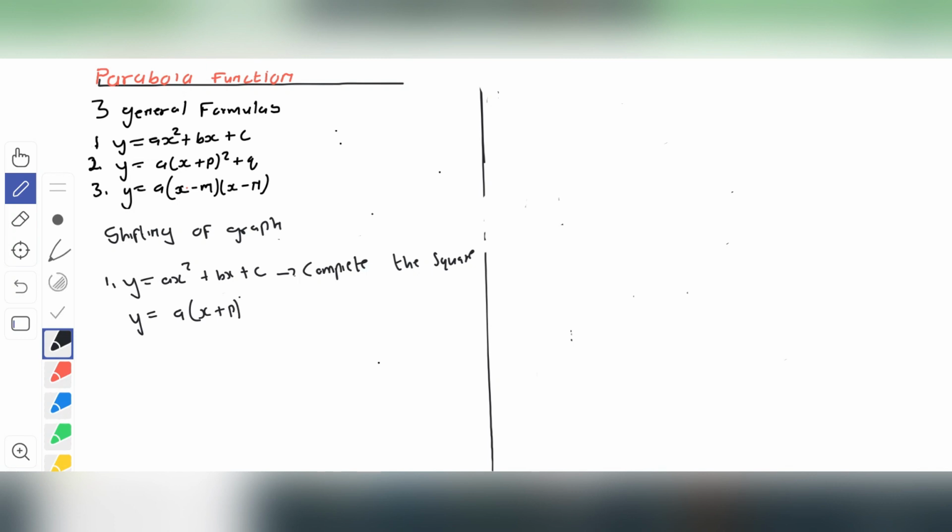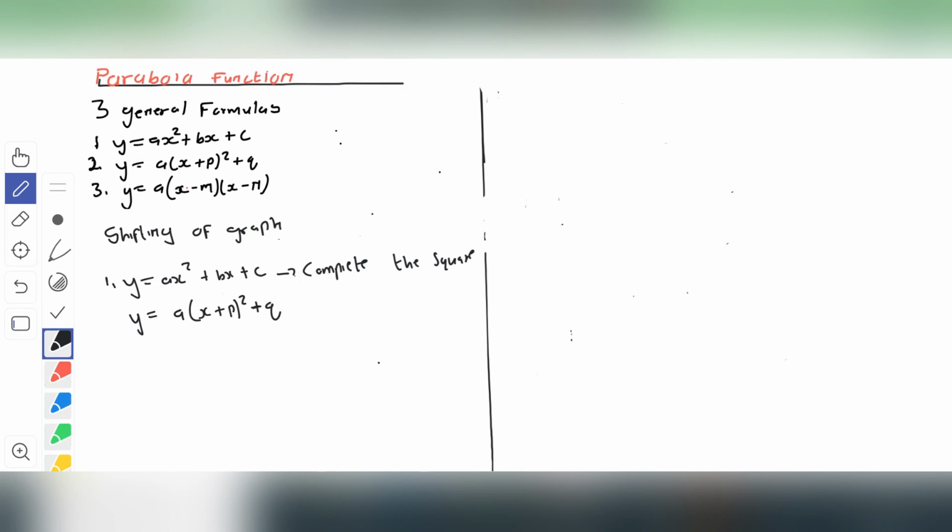Things can be easier for you. If you're given an equation in the completed square format, then you're sorted. There's no need to complete the square. But if you are given it in this format or the third one, please complete the square first before you can answer this question.